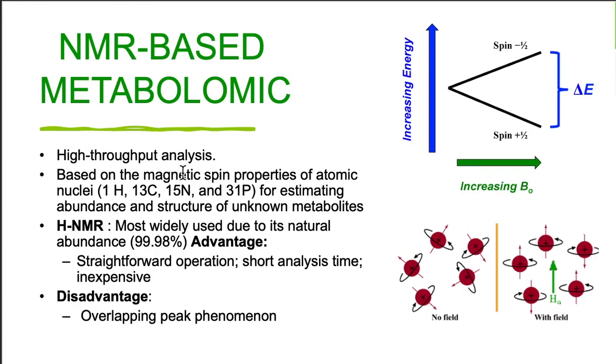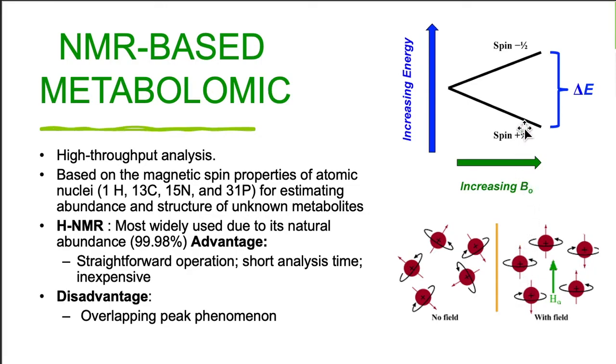The theory behind NMR comes from the spin of the nucleus, which generates a magnetic field. As we can see here, without a magnetic field applied, the nuclear spins are in random directions, but when a magnetic field is present, the nuclei align themselves either with or against the field of the external magnet.